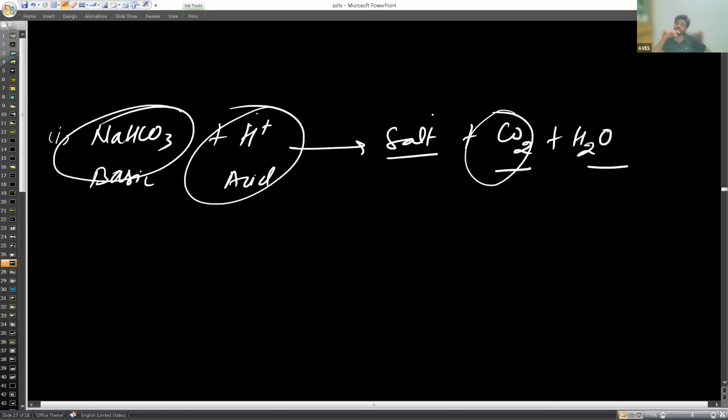And second, this salt is not a bitter salt now. Because when baking soda reacts with acid, it gives a salt which is not basic now, because it has been neutralized by the tartaric acid.